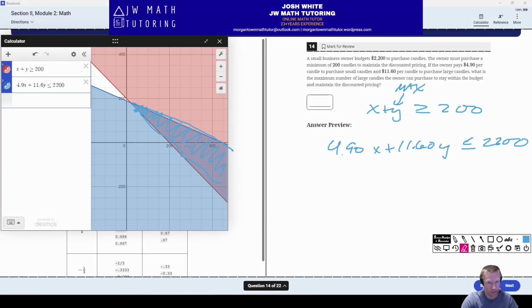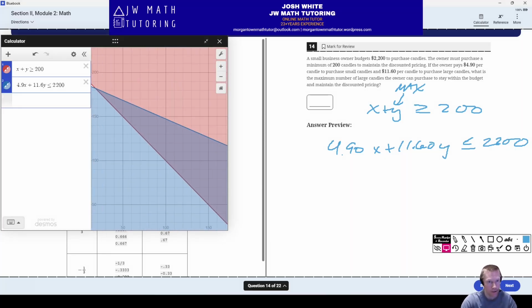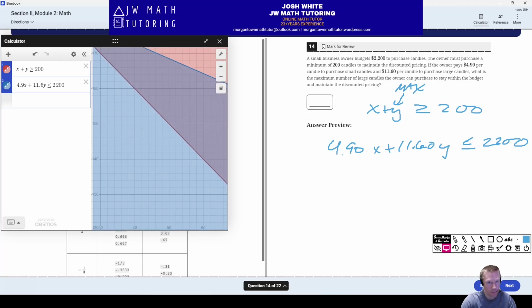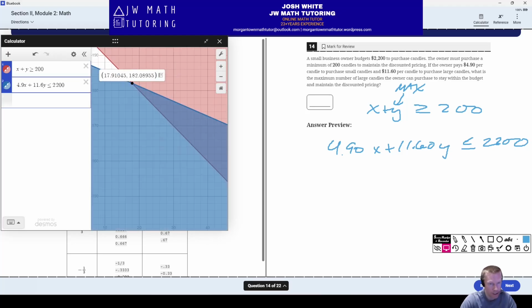So let me just clear this off so we can zoom in on the graph a little bit, get a good idea of what's going on here. Okay, so notice the maximum Y value is going to most likely be up here, right at the intersection point. And notice it's 182.08955.